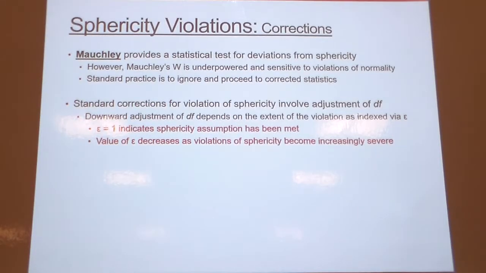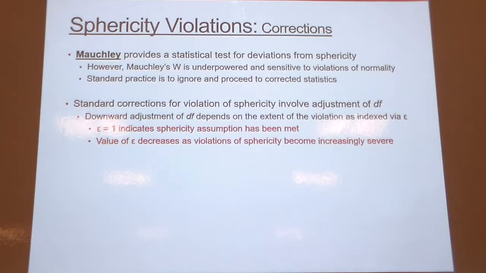And so our corrected statistics generally involve primarily a downward adjustment of your degrees of freedom, okay? So with these corrected test statistics for your omnibus effects, most of what's going on is an adjustment in degrees of freedom.